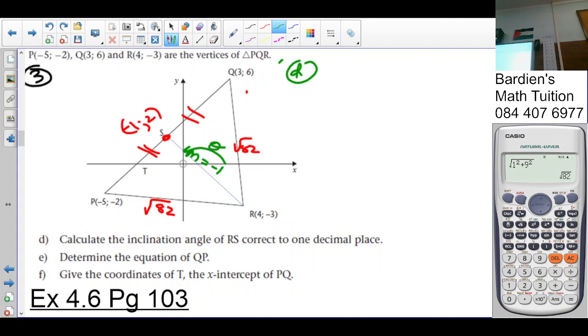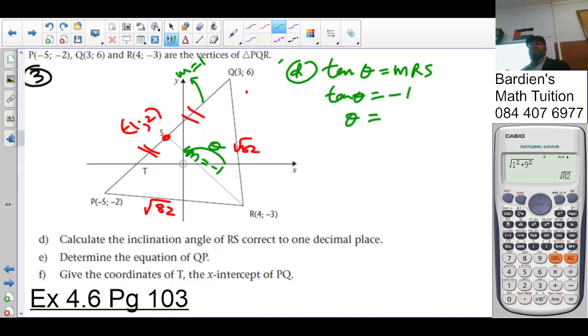So, tan of theta is equal to the gradient of RS, not so? But what is the gradient of RS? It's negative 1, not so? The gradient of RS is negative 1, so tan of theta is equal to negative 1. Arc tan of negative 1 is negative 45. Plus 180 is 135.